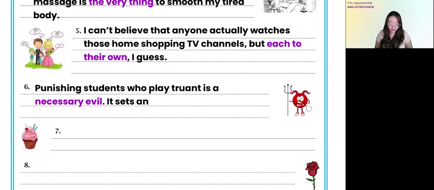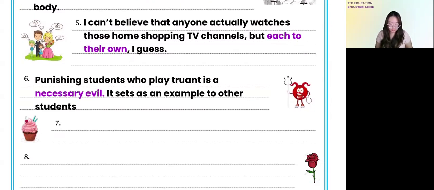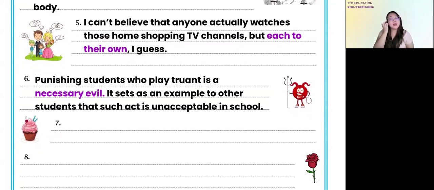It sets as an example to other students that such act is unacceptable in school. Okay, so hence why most of the time in your school, definitely there will be one rule that if you bunk class, then you will get a warning letter or this, because it's not acceptable in school in terms of school rules. All right, moving on to the next one.